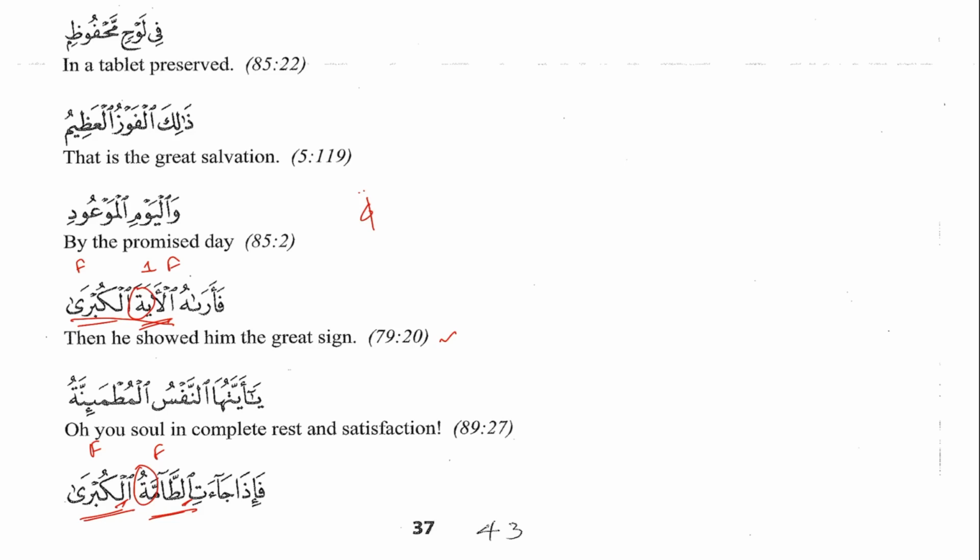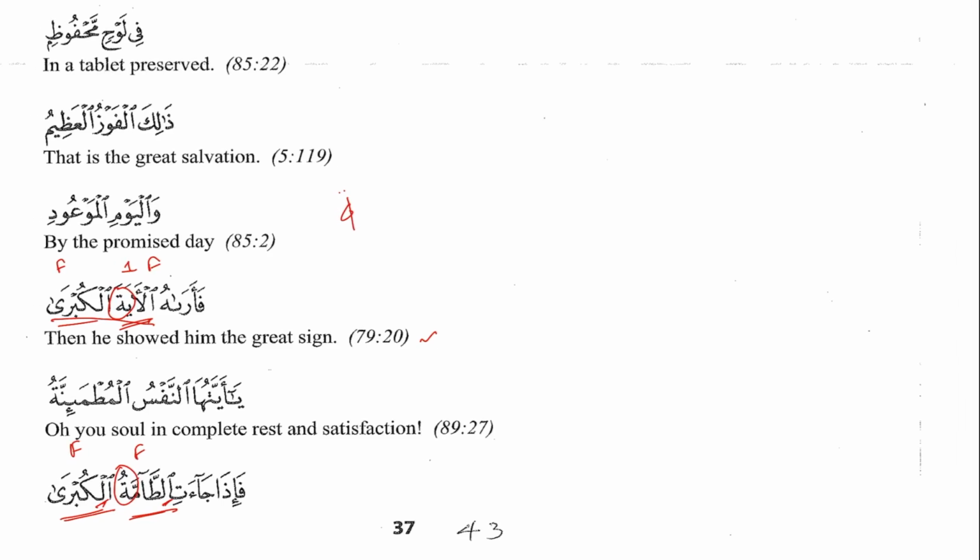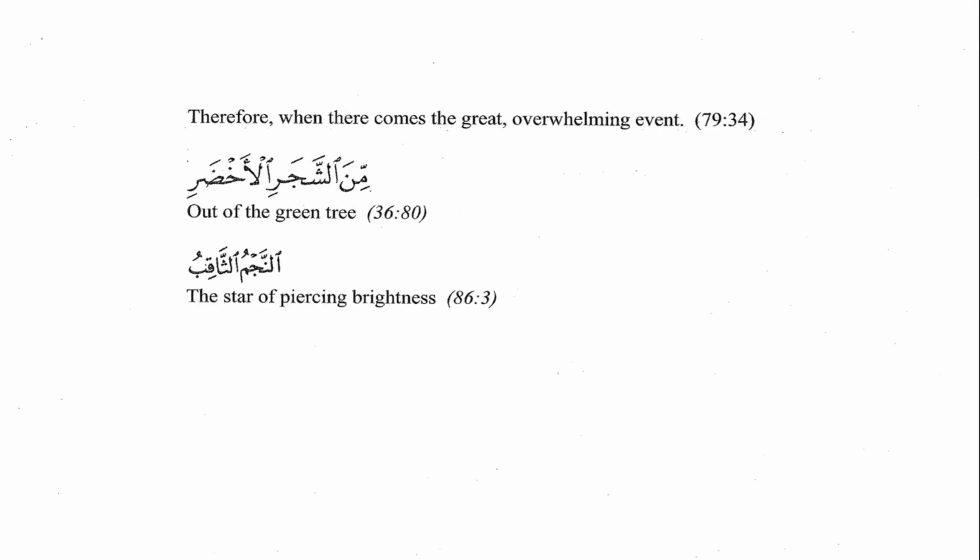So again, they will have the same properties. What kind of event? A very overwhelming event, a very great event, kubra. Then an-najmus saqibu, simple, straightforward sifat mausuf. What kind of star? Saqib.